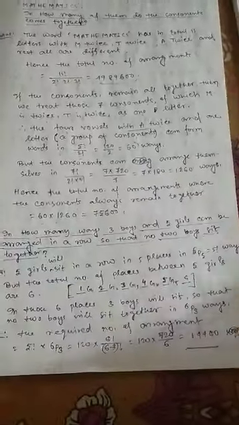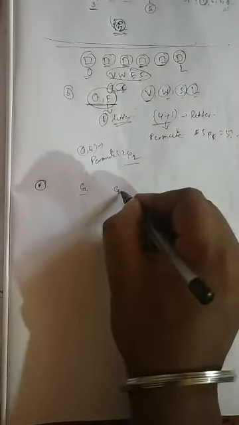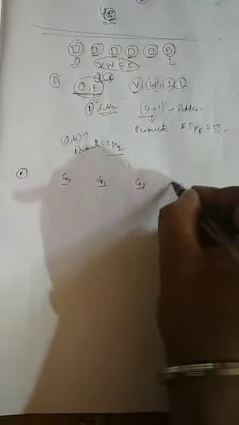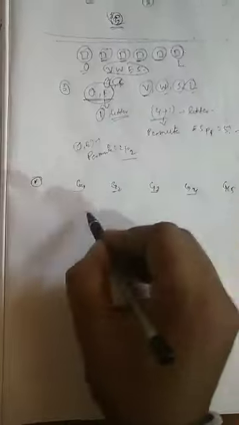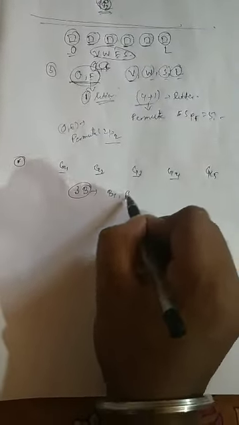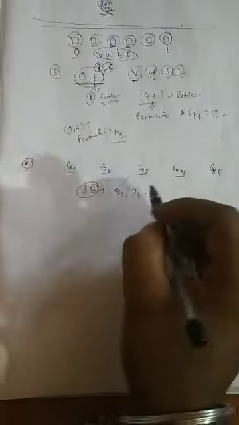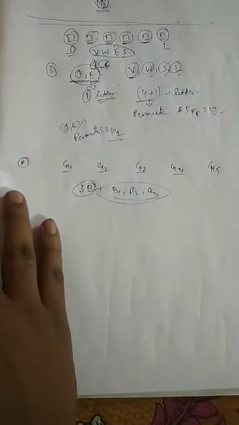Okay. And the last question was: in how many ways can 3 boys and 5 girls be arranged in a row so that no 2 boys sit together? So in this question there are a total of 5 girls. We can take the 5 girls as girl 1, girl 2, girl 3, girl 4 and girl 5. Now as 3 boys are given, boy 1, boy 2, boy 3, right? Now these 3 boys cannot be together, so they can be placed in between 2 girls.